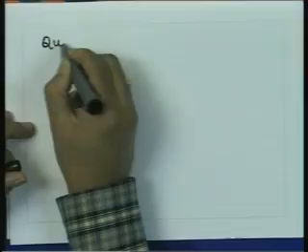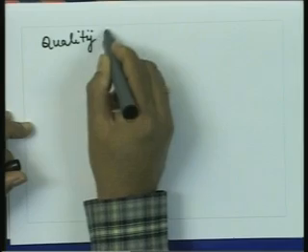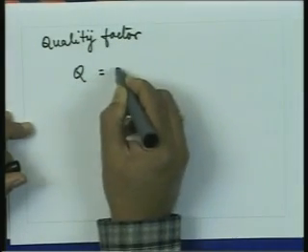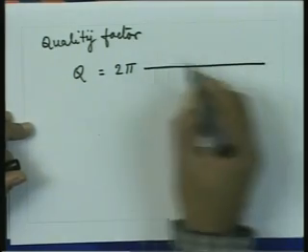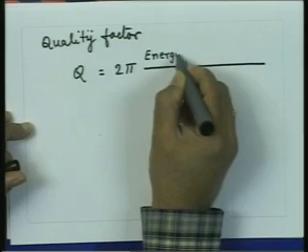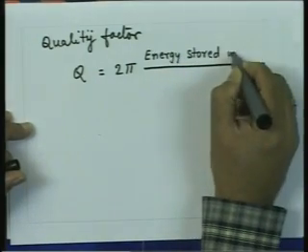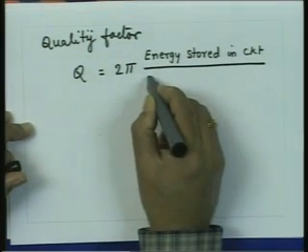So, the quality factor Q is defined as 2 pi multiplied by the energy stored in the circuit divided by the energy loss per cycle.